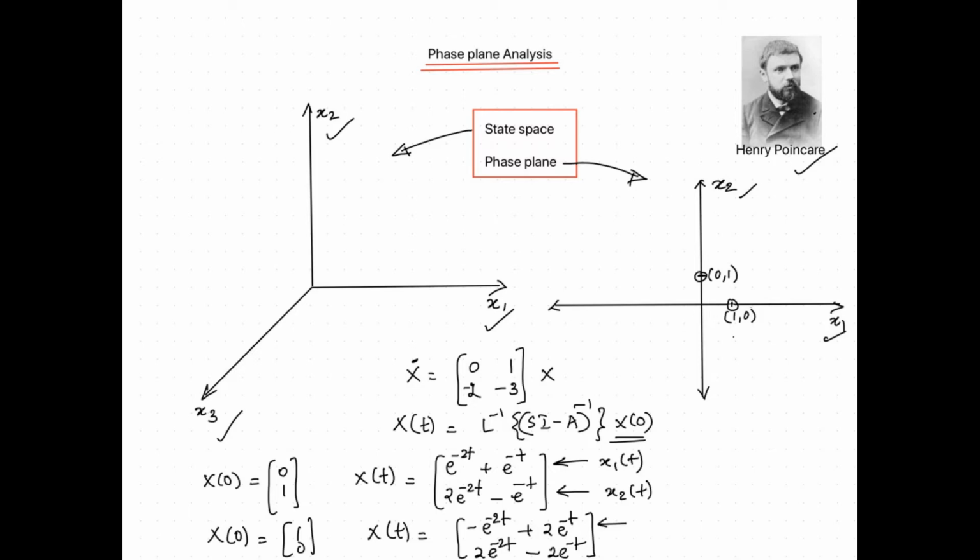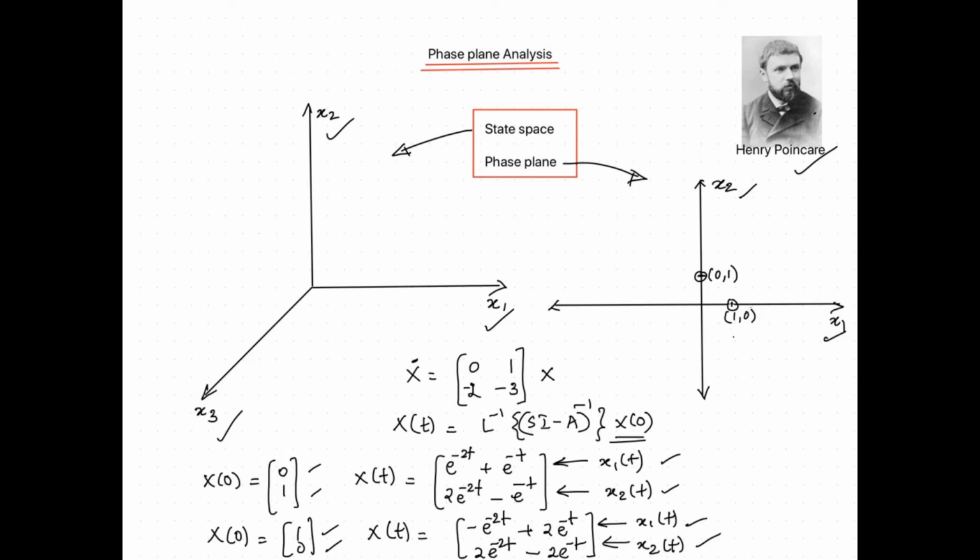For the second case, this is x1 of t and this is x2 of t. Here we have explicitly found the equations for x1 and x2 for two different initial conditions. With the knowledge of this equation, we can very well plot the states for various values of time.